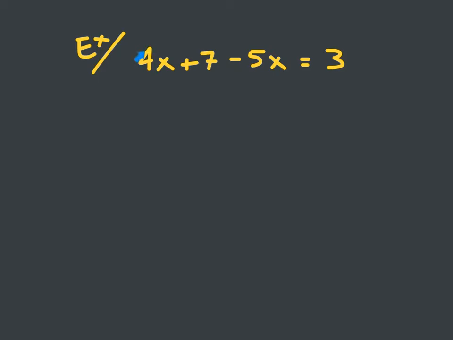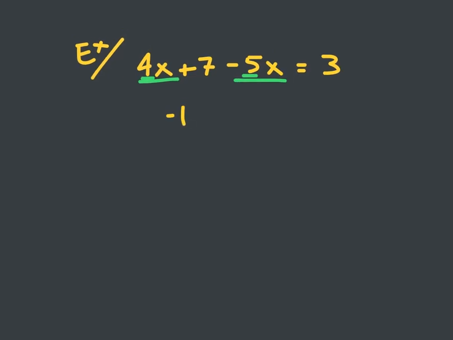So if I have 4x minus 5x, I want to combine those as like terms. I'm just going to take the numbers out front and operate with those. So 4 minus 5 is going to give me negative 1x. So I have negative 1x plus 7 is going to equal 3.